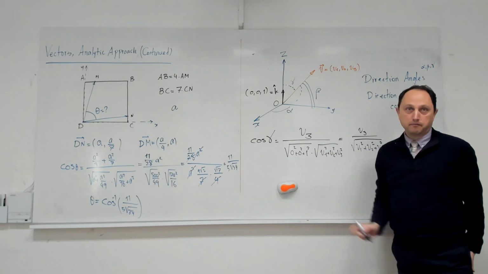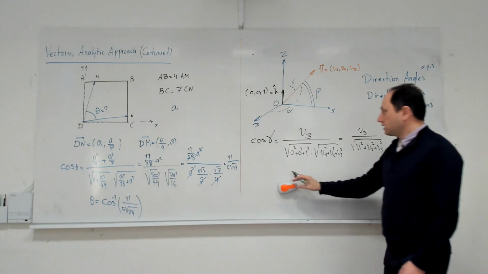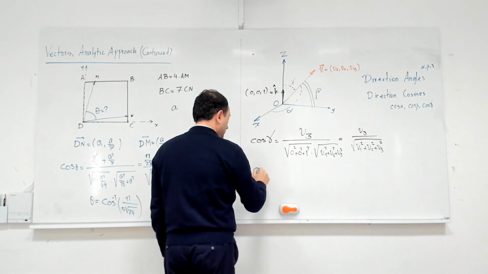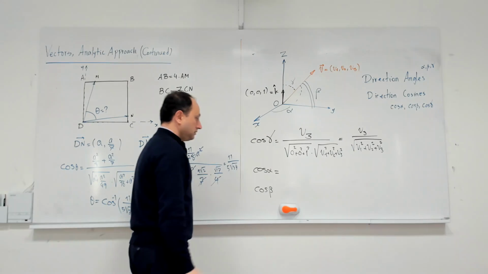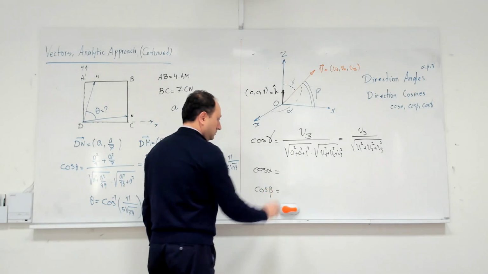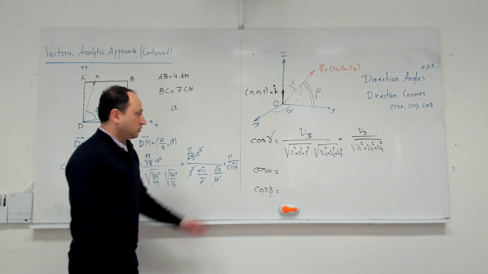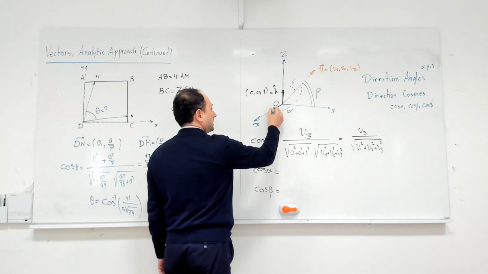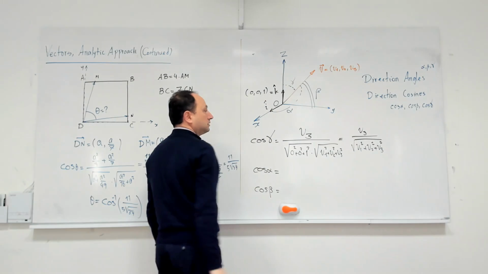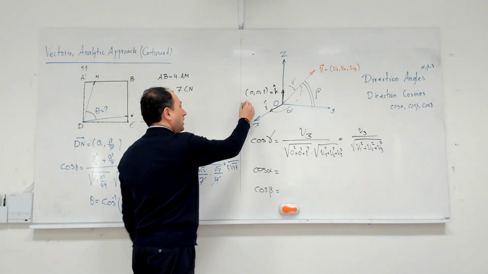Yes, that's correct. So if I give you these three numbers, you put them here and you get the cosine of gamma. But can you guess what will happen for cosine alpha? Can you guess what happens for cosine beta? For cosine alpha, with the same reason, I need to take the i hat, which is 1, 0, 0.